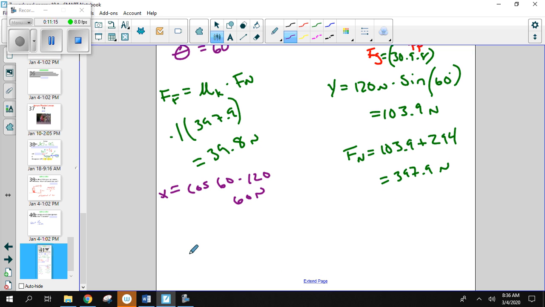All right. So to figure out our new acceleration, we're going to take that 60 newtons divided by our mass, which is still 30, and that'll give us a new acceleration, which is equal to 2 meters per second squared. Notice that it's lower because of friction. Unfortunately, we have friction going on.